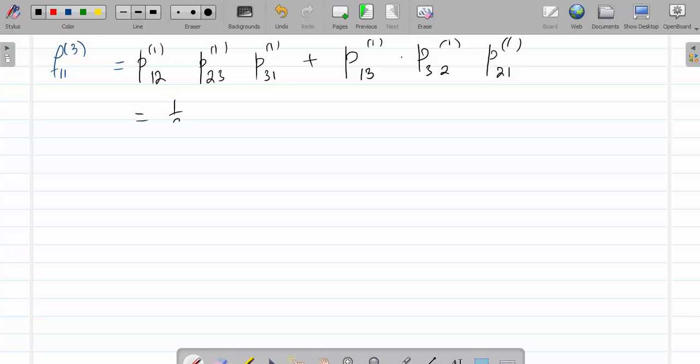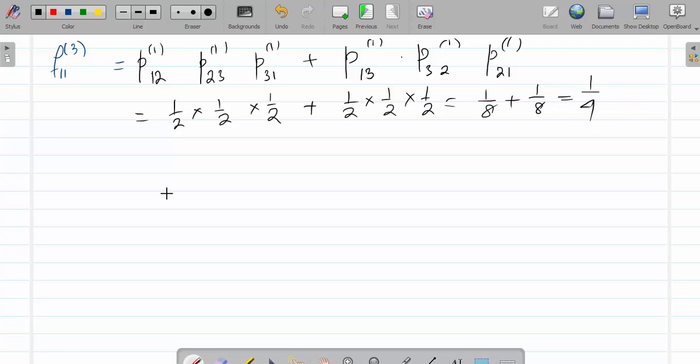So this will be equal to 1/2 into 1/2 into 1/2 plus 1/2 into 1/2 into 1/2. So this is 1/8 plus 1/8, which is 1/4. Now similarly we can find f11(4), which is equal to 1/8.